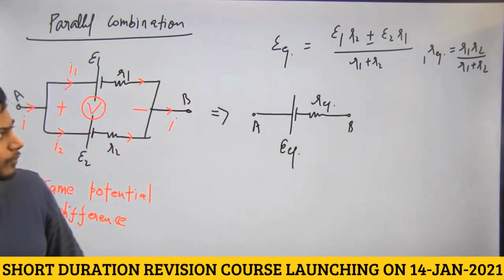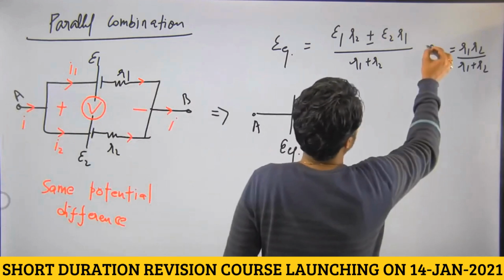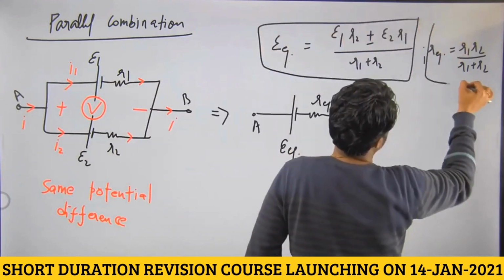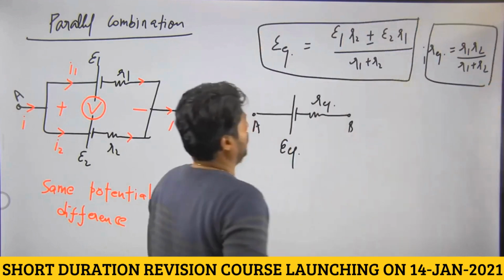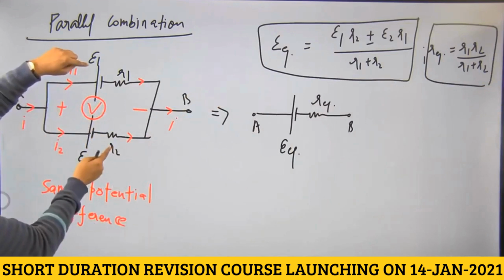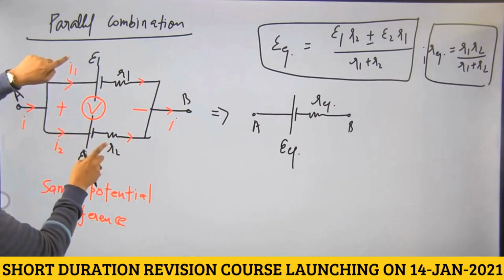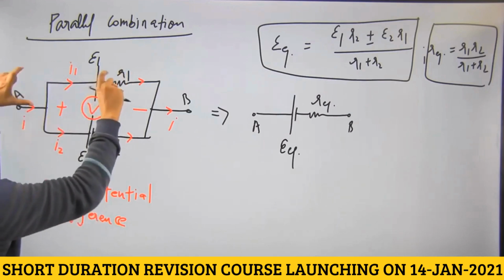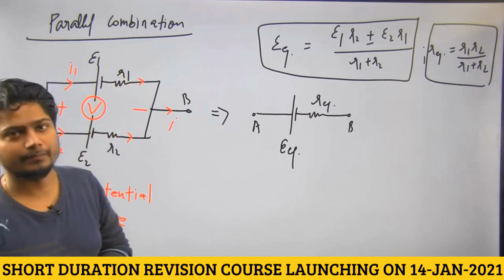We will talk about the polarity, but my dear students, this is a very important formula to combine cells. E1 into R2, plus or minus will decide later, E2 times R1, upon R1 plus R2, that is the simple formula.